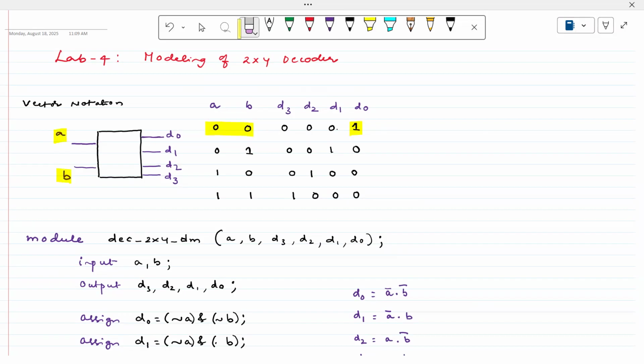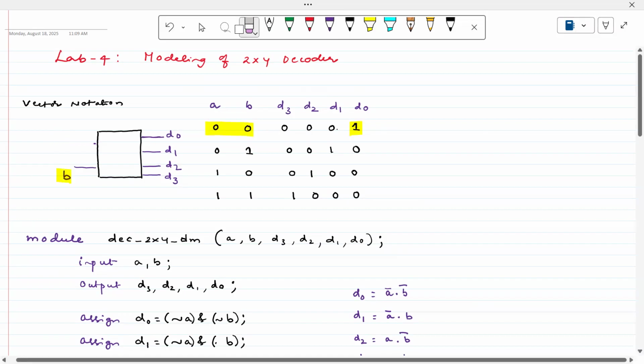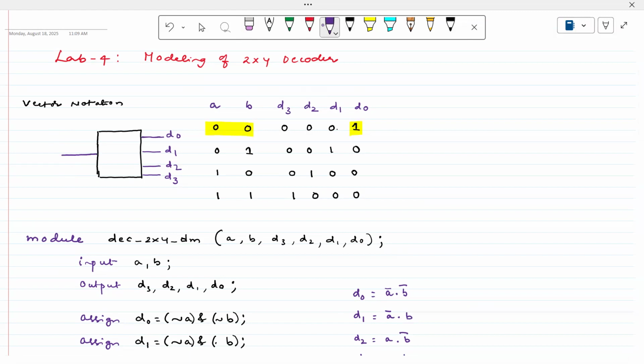We want to convert this scalar notation into a vector notation by simply taking one line here and mentioning the size of this line. This is a 2-bit line. Now I'm going to write A here. Instead of the two lines, I'm going to write one line having 2 bits.